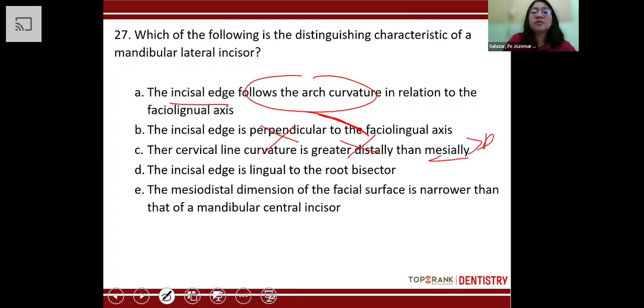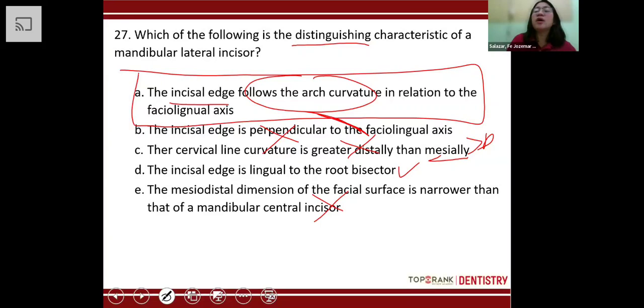Incisal edge is lingual to the root bisector. Lingual, possible. The mesiodistal dimension of the facial surface is narrower than that of the mandibular central, no. The question says distinguishing. The distinguishing feature is the twisted crown. So what is it? The incisal edge follows the arch curvature in relation to the faciolingual axis, resulting in a twisted crown.